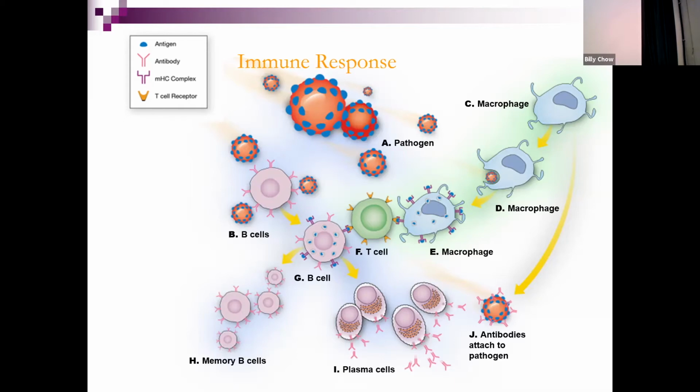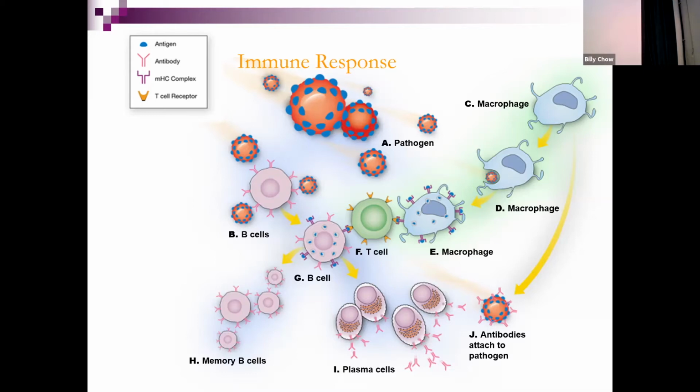So this is a diagram showing you the immune response where you have the B cell here, and the B cell is responsible for generating antibodies against a pathogen or any foreign material that gets into your circulation. Right?